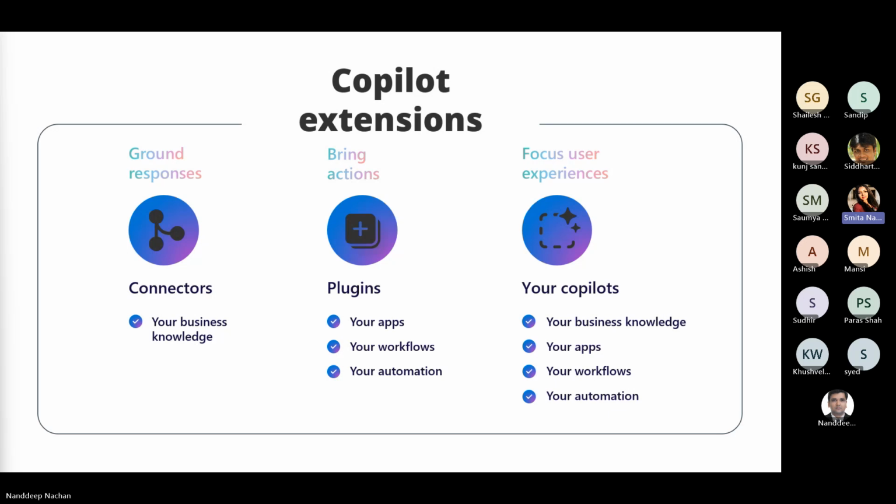So each of these elements contributes to making Microsoft Copilot a versatile and adaptable tool that can be configured to meet various enterprise needs, from delivering the precise information to driving the automation and personalized user experiences.